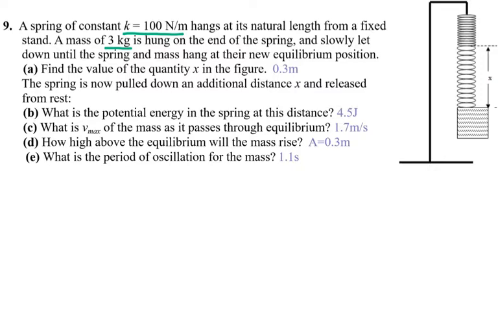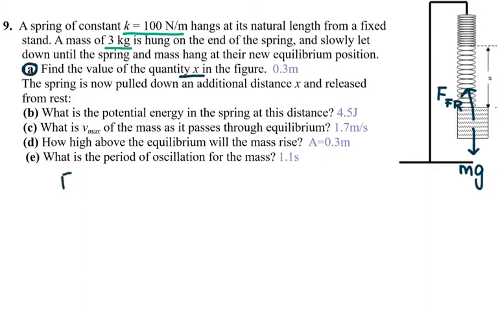So for the first part, for A, they ask you to find the value of the quantity x, the extension, by how much the mass is going to stretch the spring. Because it is in equilibrium, you have 2 forces acting on the mass: mg and the spring force.